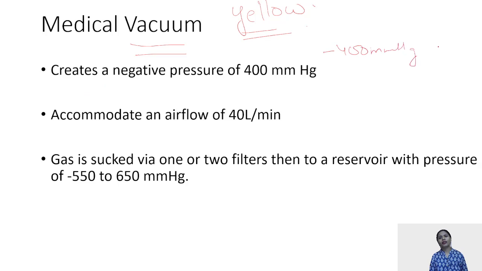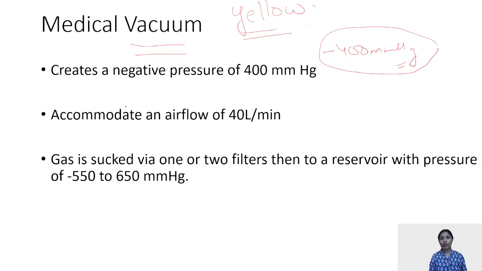Generally, an image-based question is asked, where a yellow pipeline will be given and you have to tell what this yellow pipeline is for. It is for your vacuum, for suctioning of your blood, your airway secretions, etc. And the pressure that it generates is minus 400 mm Hg.